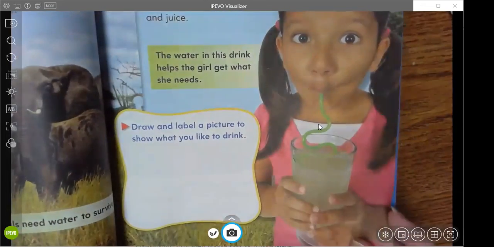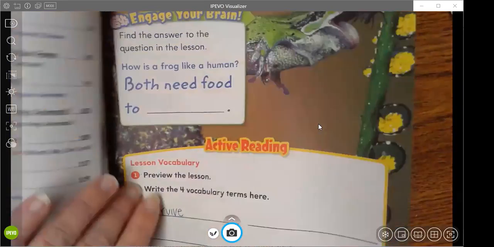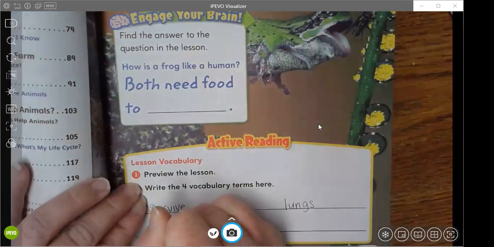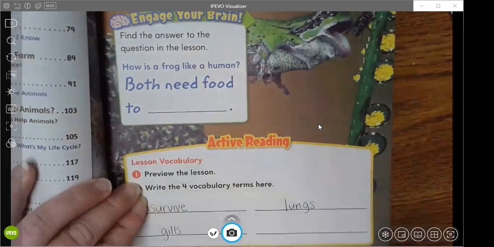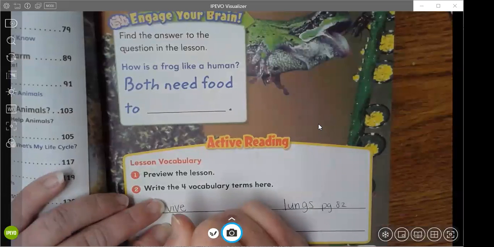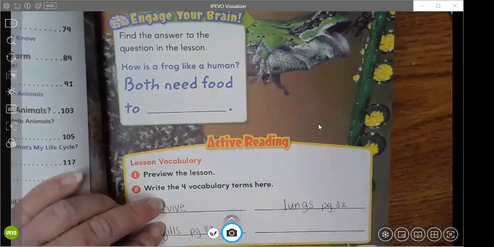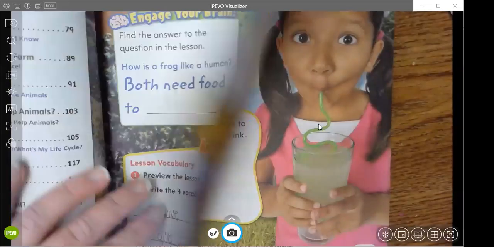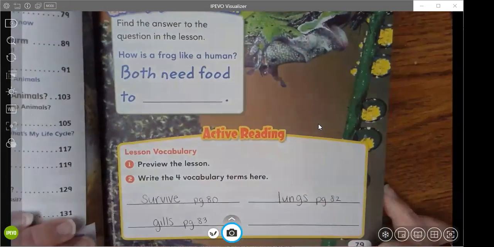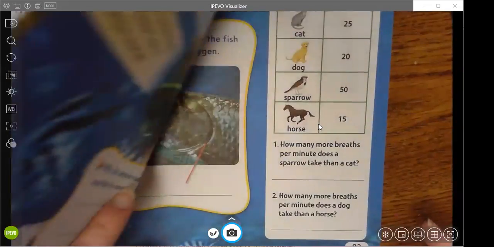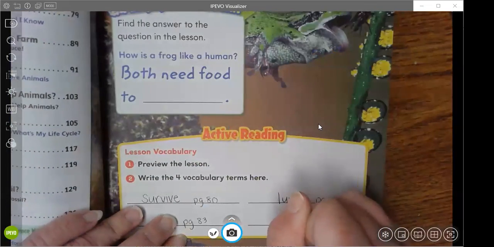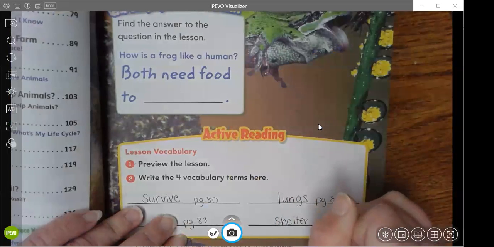Look through, and the next word is lungs, and then gills, which were on pages 82 and 83. And survive was on page 80. You don't have to write the page numbers. I'm writing the page numbers to try to help you out there, okay? And then our final vocabulary word is shelter, which is on page 85.